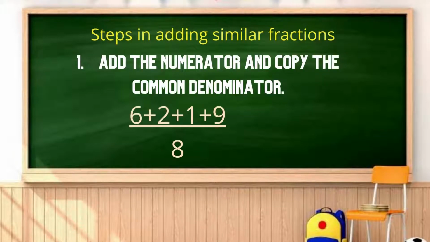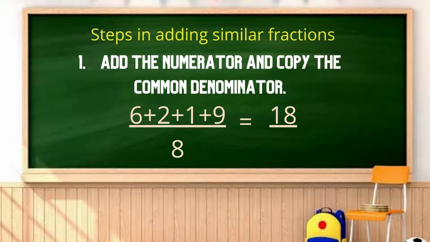Let us then add the numerators. 6 plus 2 plus 1 plus 9 is equal to, very good, 18. And what is your common denominator? Very good, 8. So the answer is 18/8. Look at your answer.